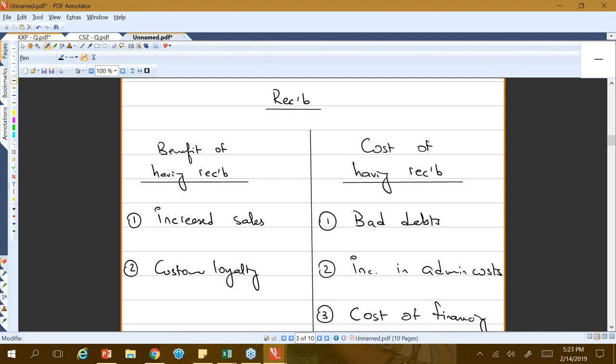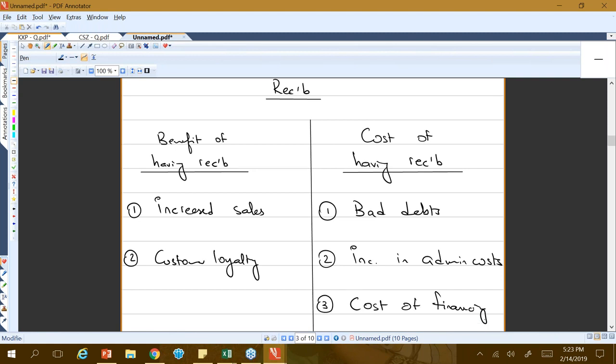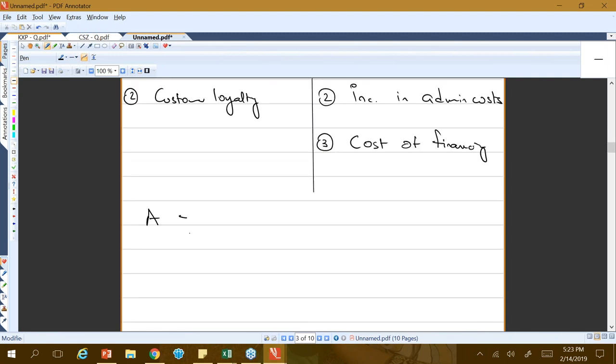Now, a good financial manager will try to ensure that the cost is less than the benefit.